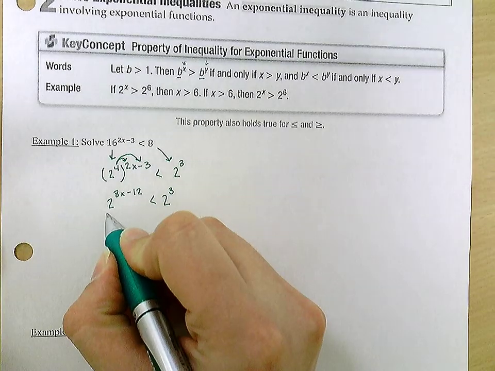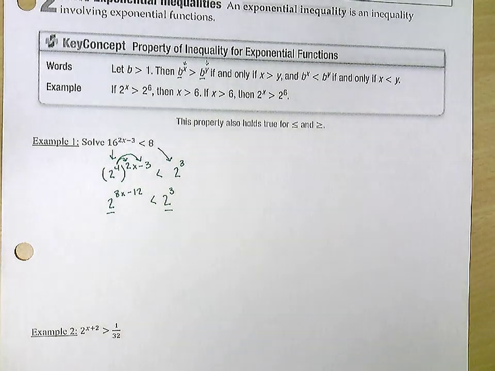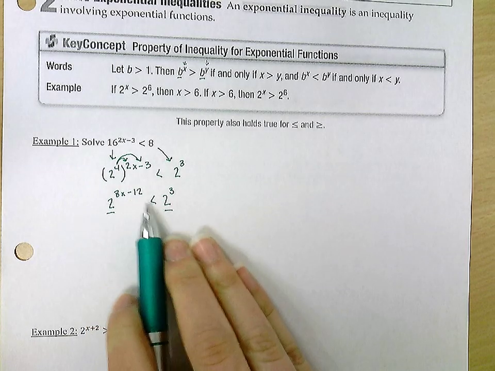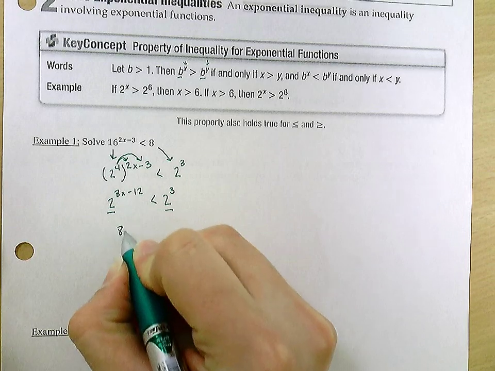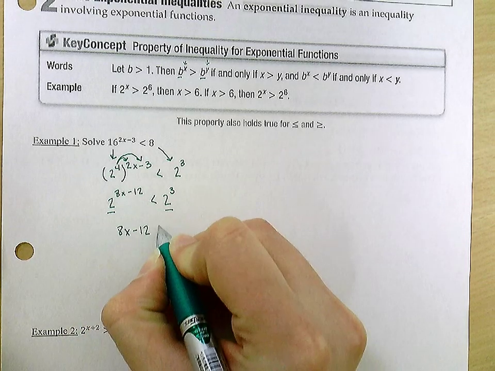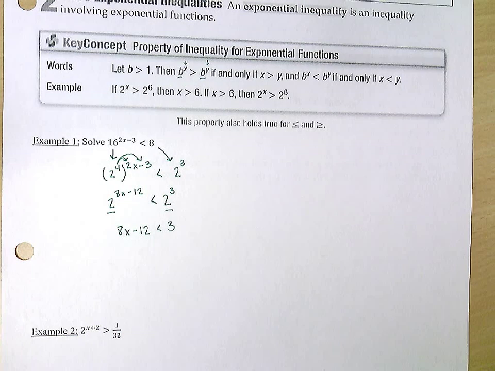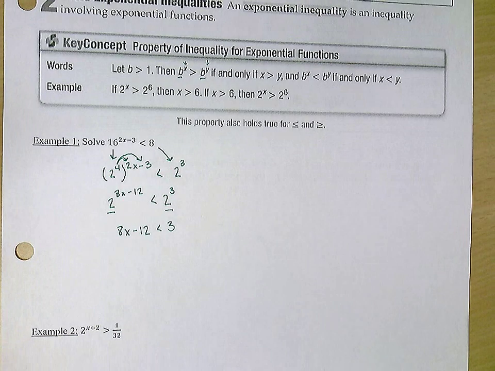So I have my common bases. That means I can take my exponents and my less than sign and write 8x minus 12 is less than 3. So again, first step is to get that common base, and then you can take your exponents.